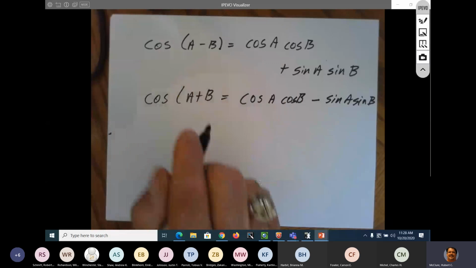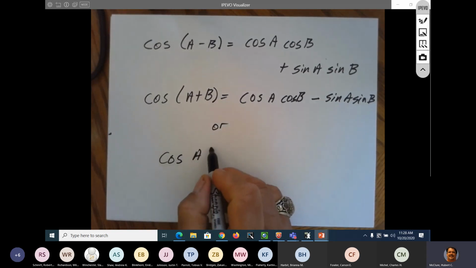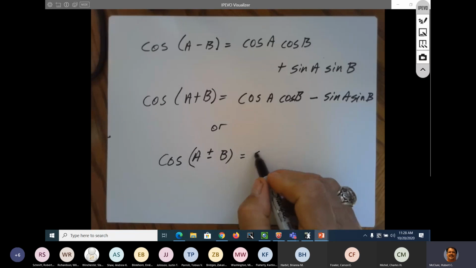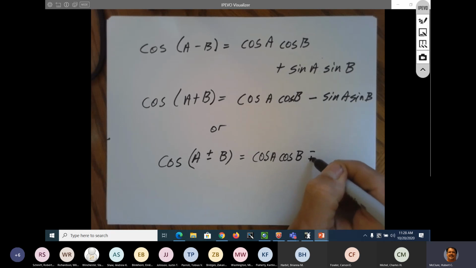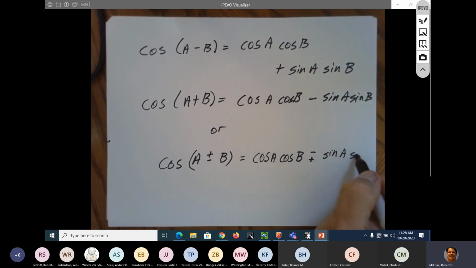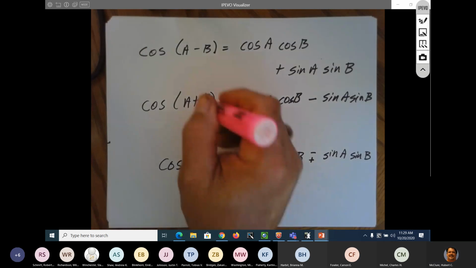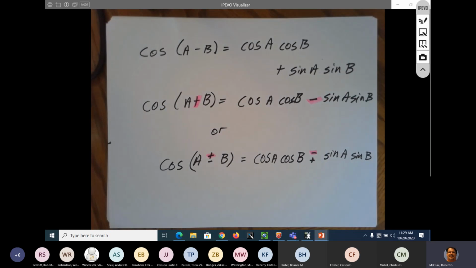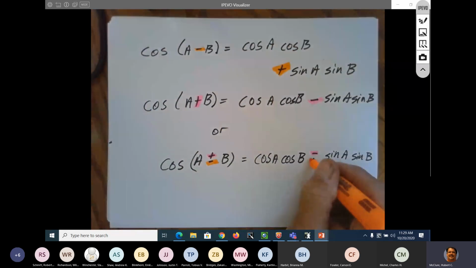Now you can rewrite that as two, sum and difference, or you can write it like this: cosine of A plus or minus B is equal to cosine of A, cosine of B, and then that's going to be a minus or a plus sine of A, sine of B. You notice that the plus coincides with the negative, and the negative coincides with the positive.